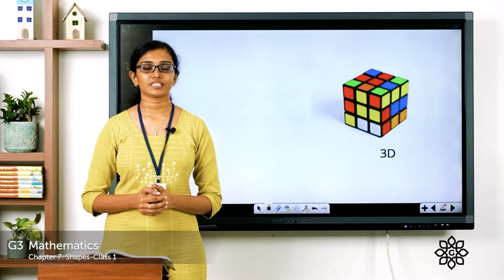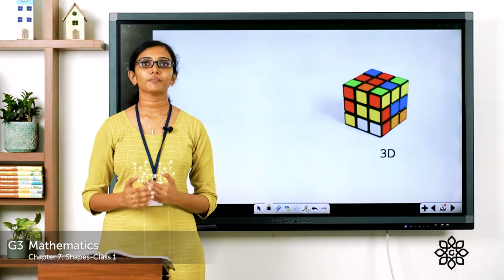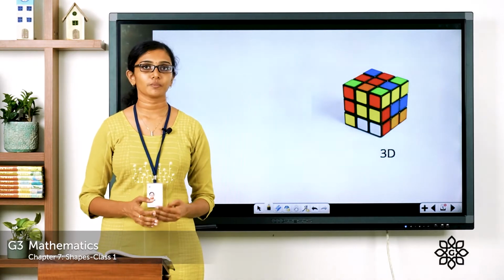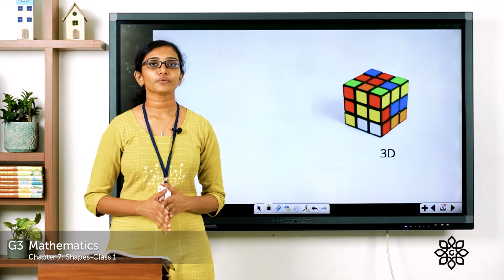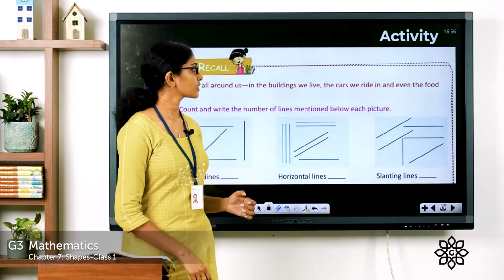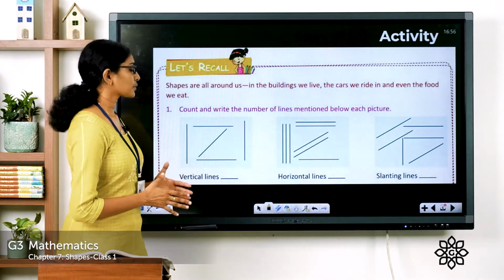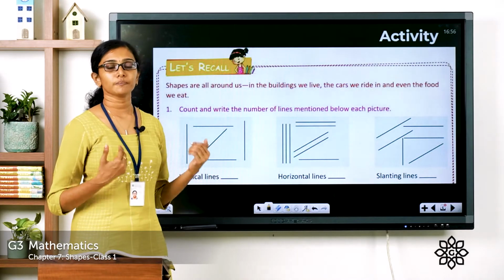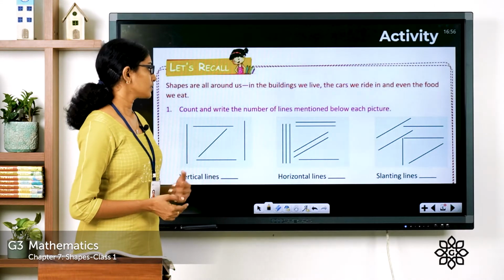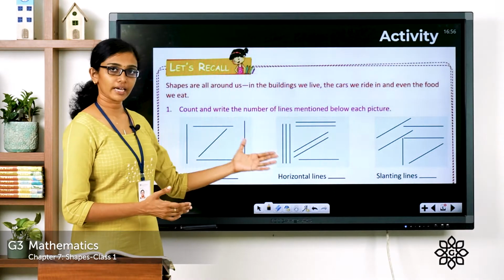Let's do one activity. All of you please take your maths textbook and turn to page number 95. You can see the Let's Recall page. A couple of questions are given there. The first question reads: count and write the number of lines mentioned below each picture. You can see a set of lines in each case.